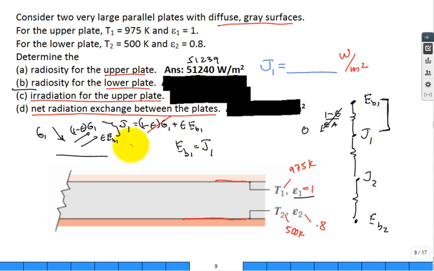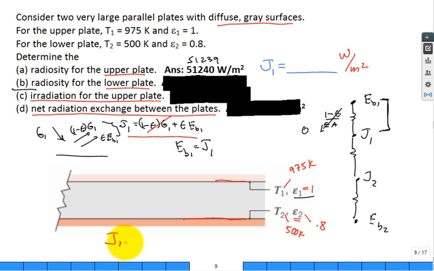But sometimes it's helpful to think about this. How do I calculate J1 or how do I calculate J2? Because right here, what is the radiosity for the lower plate? I want to calculate J2, don't I? How would I calculate J2? Maybe I take 1 minus the emissivity 2.